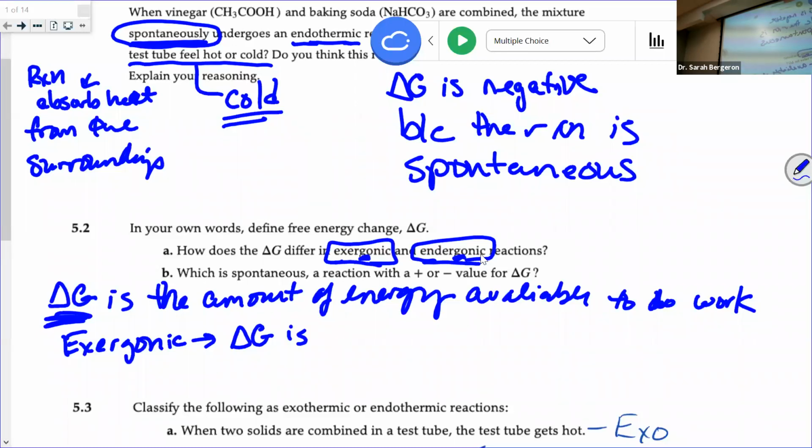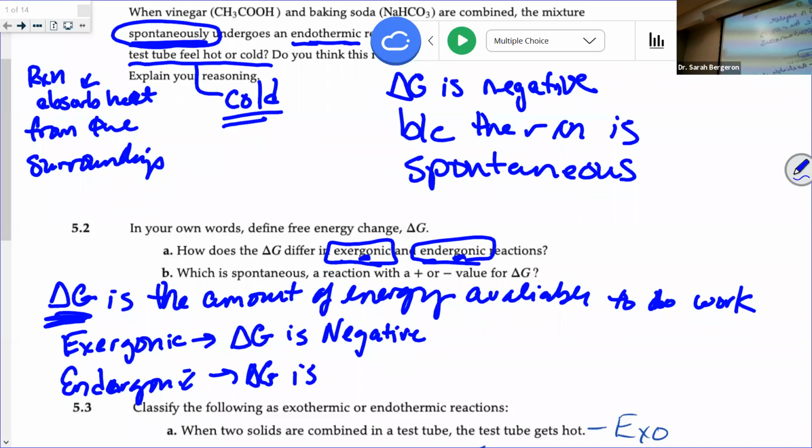Positive or negative? It is negative. So if it is endergonic, delta G is positive.